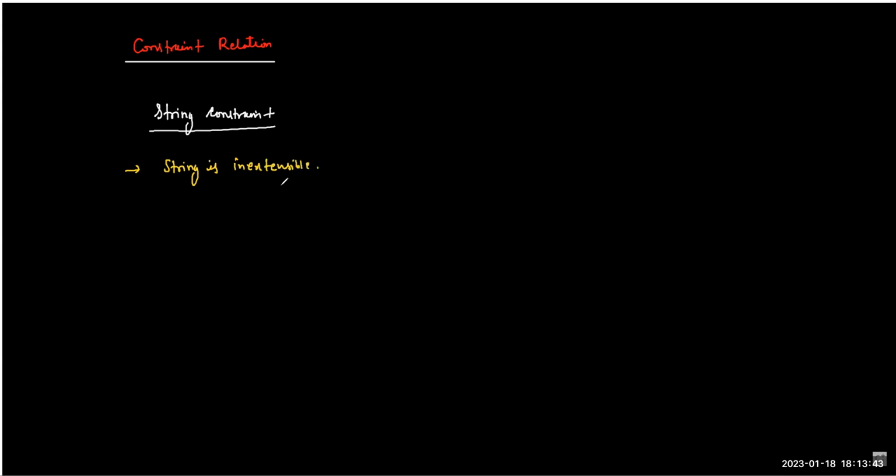So first tell me, string is inextensible. If the string is inextensible, you can't increase the length, right? Yes, sir. And if you can't stretch the length, then the length is going to be constant. So this is called: the total length of string remains constant.